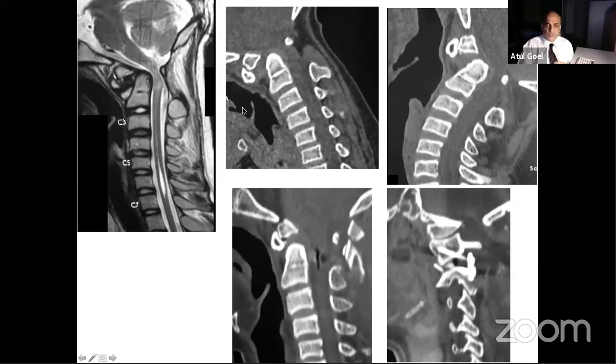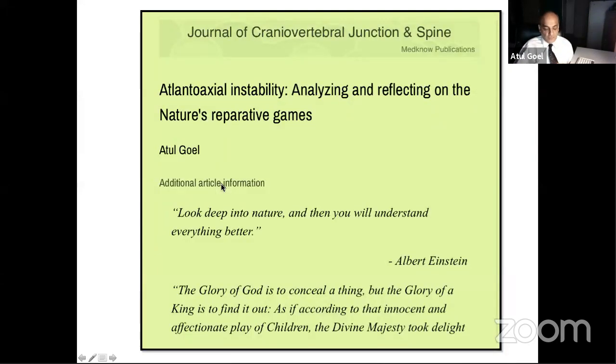The literature is clear that this is pathological and gives rise to atlantoaxial instability. So this is one of my more beautiful articles. If you want to see these divine interventions, you have to read this article.